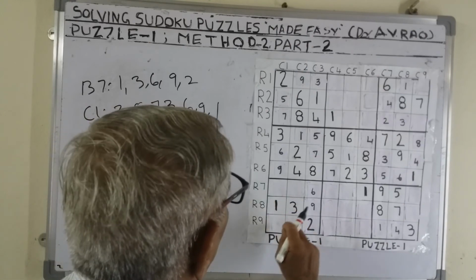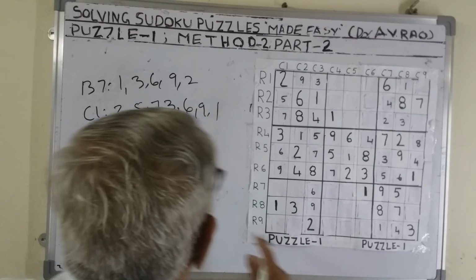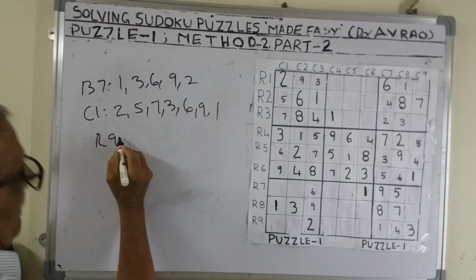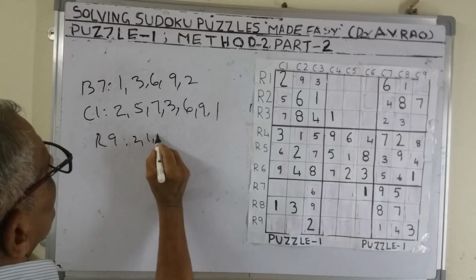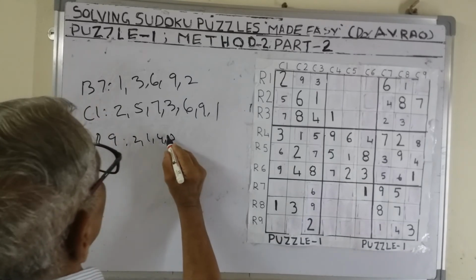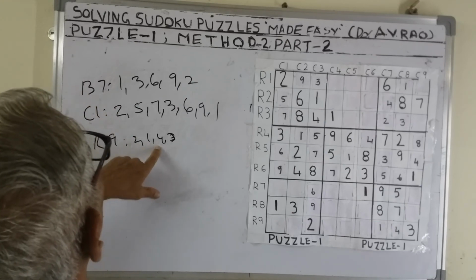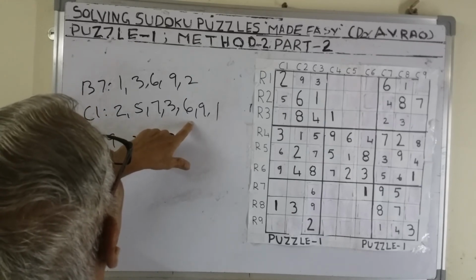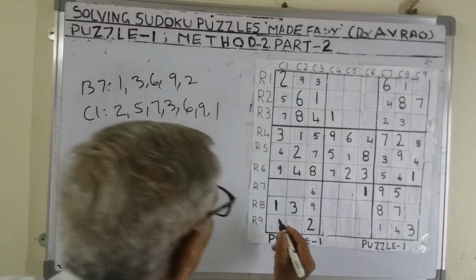Let us take this row R9: 2, 1, 4 and 3. Let us see what is the missing number. 1, 2, 3, 4, 5, 6, 7, 8 is not there.